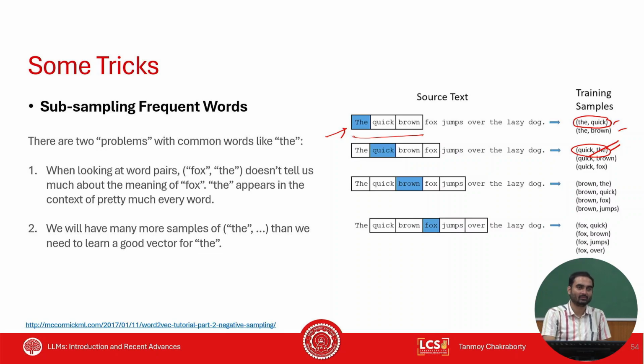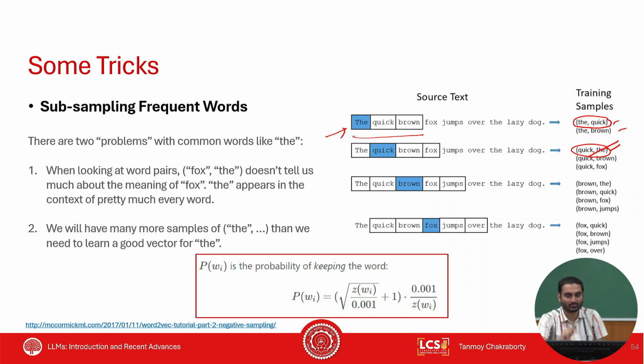The second problem is that the word the is not at all a very meaningful word, right? Because it is unclear whether the word the acts as a meaningful article here, or whether the literal meaning of the is useful in this context or not.